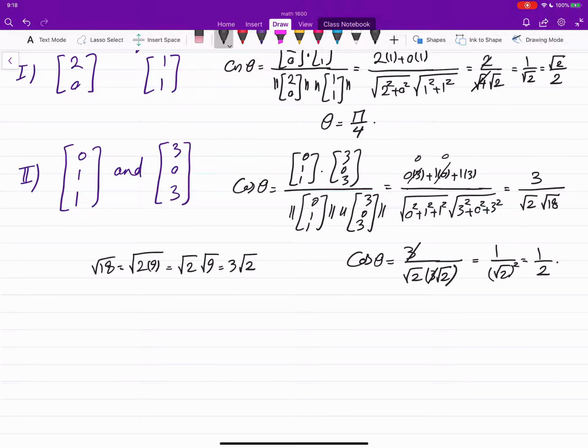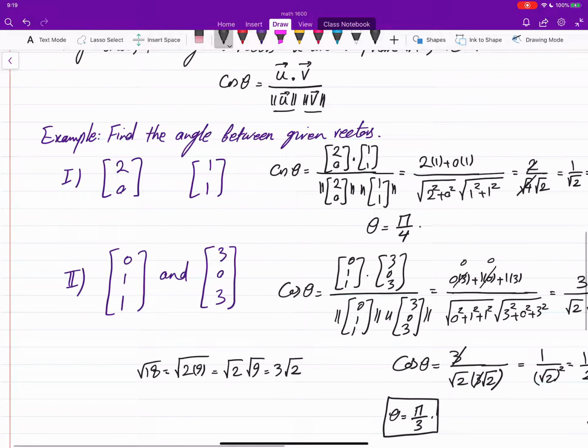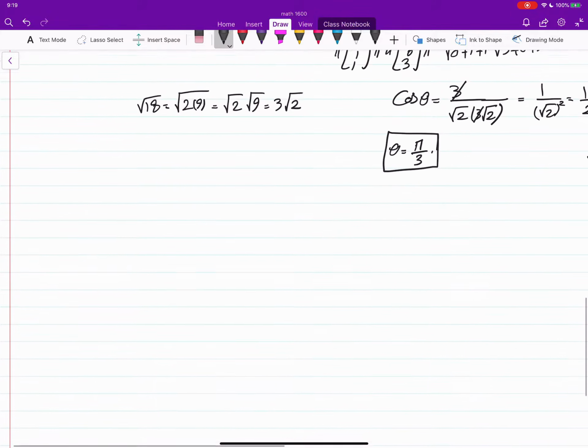What is the angle whose cosine is 1 over 2? You can check the table. Theta is pi over 3 for this second pair. So you have to be able to use that formula and find that cosine for the angle between.